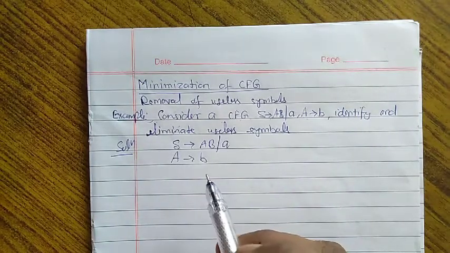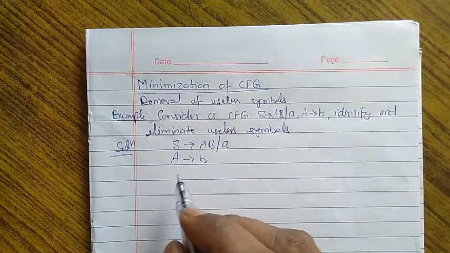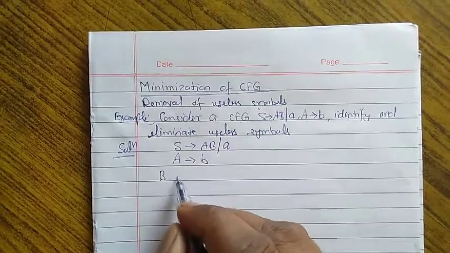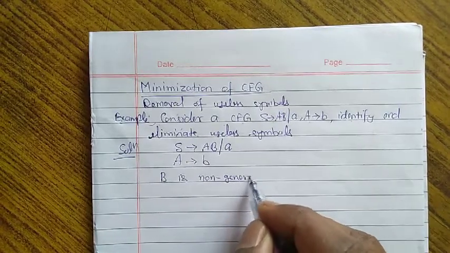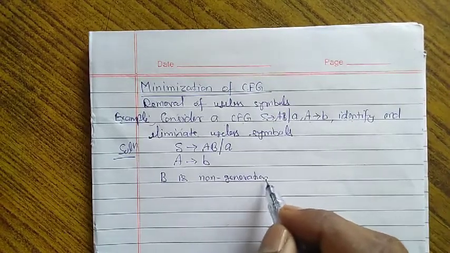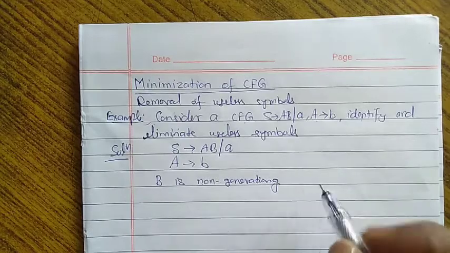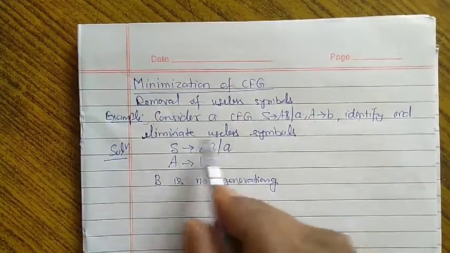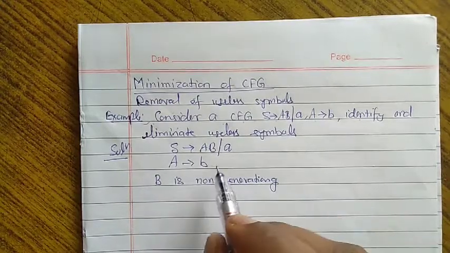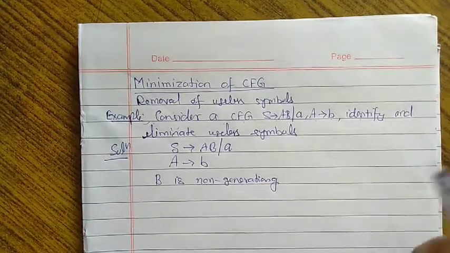There is a symbol B. B is non-generating. Why? Since there is no production in the grammar for B, B does not produce any symbol.